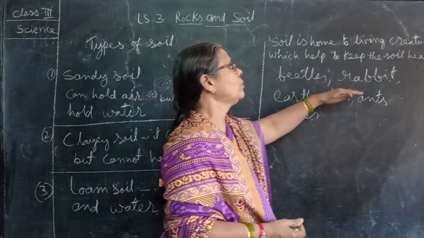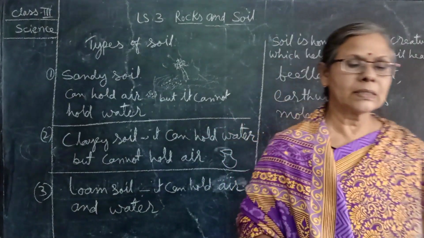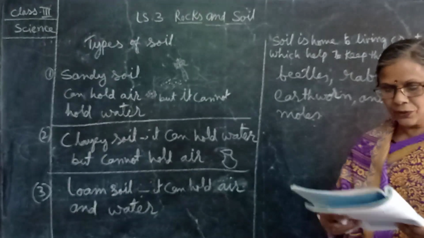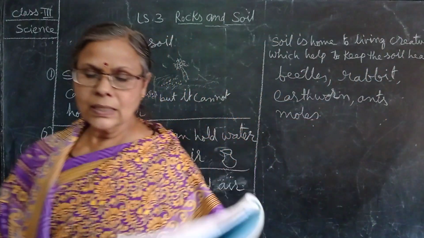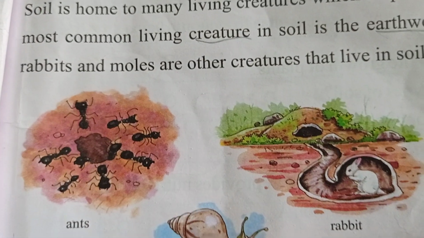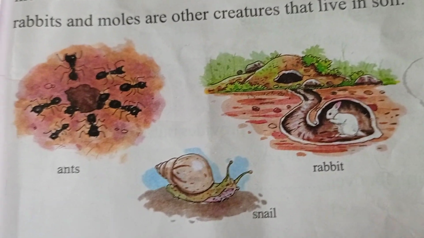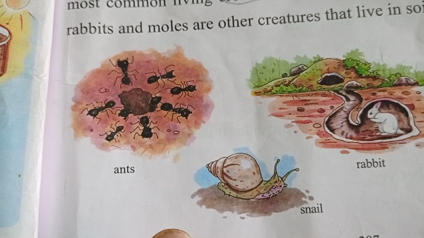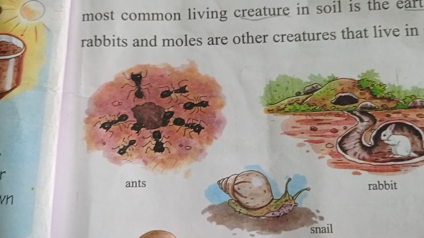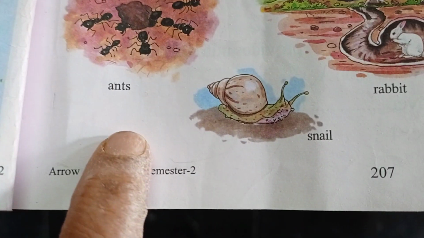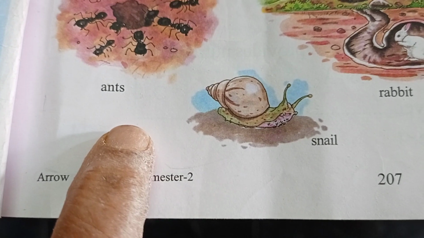Soil is home to living creatures. You can see what creatures are living inside the soil. Here you can see these are the ants, rabbits, earthworm, snail, and moles, which are other creatures that live in the soil.